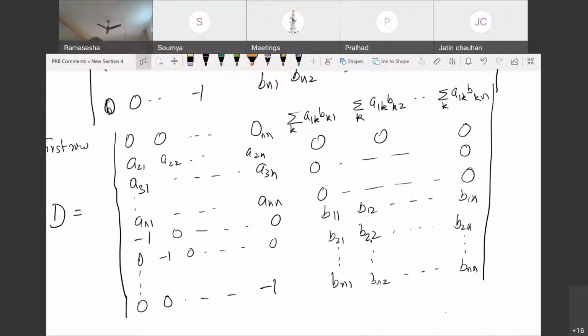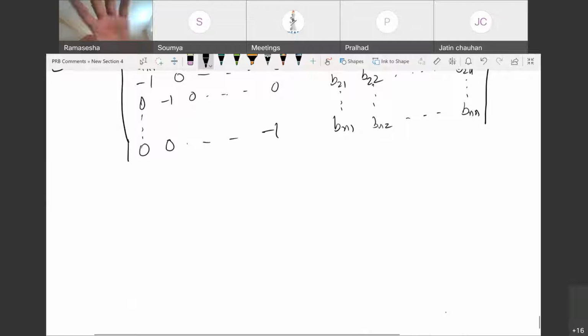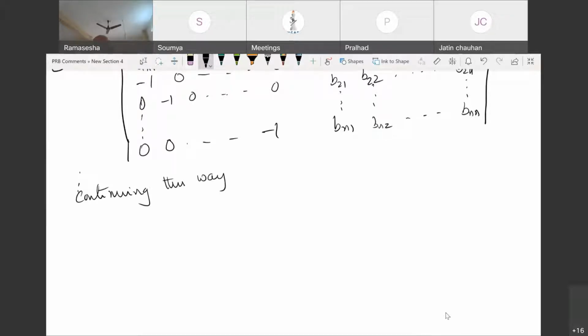If I keep continuing this way and put A21, A22, A2n to 0 and so forth, then what I'll get is the following. Determinant D will be 0 and A here, and then C here, then minus I here, and then B here.